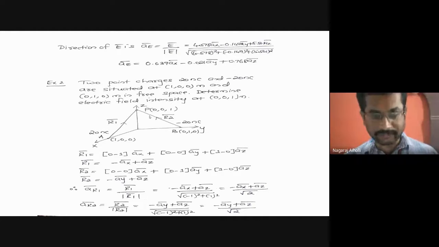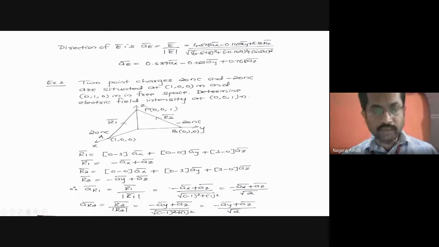Okay, fine. Let us find the unit vector AR1 bar, that is R1 bar divided by its magnitude. This will be minus AX bar plus AZ bar, whatever we have calculated here, divided by its magnitude, the square root of minus 1 square plus 1 square. This comes out to minus AX bar plus AZ bar divided by root 2.